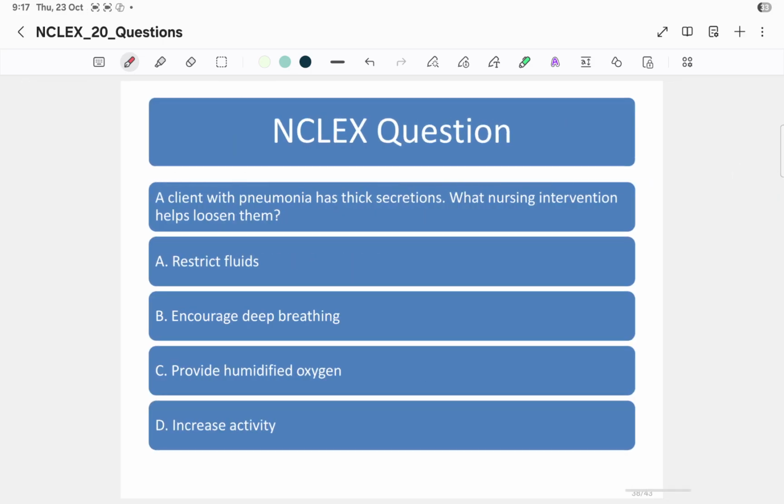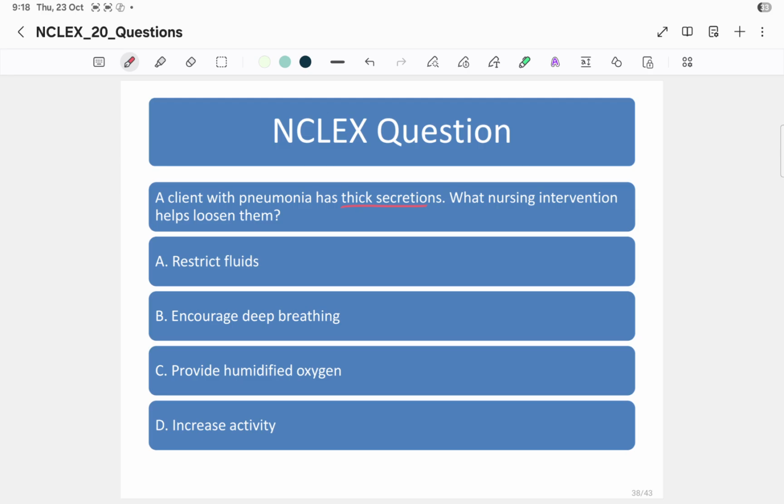Next question. A client with pneumonia has thick secretions. What nursing intervention helps loosen them? A. Restrict fluids. B. Encourage deep breathing. C. Provide humidified oxygen. D. Increase activity. So a client with pneumonia has thick secretions.